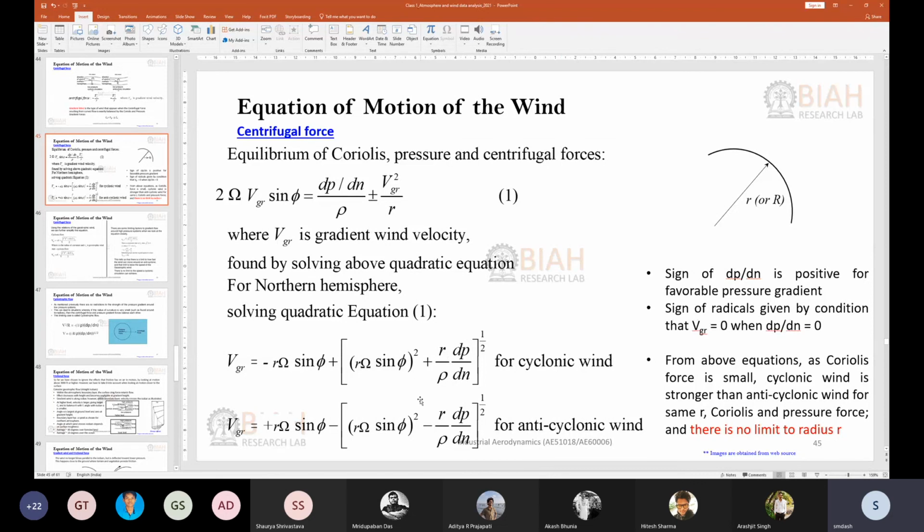There is no parameter telling us that the cyclonic wind will not grow. Whereas in the anticyclonic case, there is the opposite effect. The Coriolis force and the pressure gradient force act in an opposite manner, so it cannot sustain beyond a certain pressure gradient.